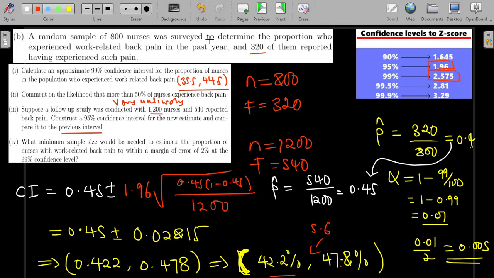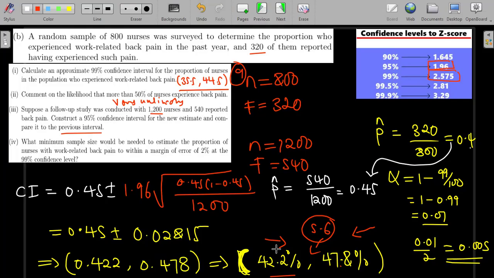But the difference there is 45.5 minus 35.5, the difference here is 9. So this one has the smaller difference, so it means it's narrow. It's coming together like that. So the new 95% confidence interval is narrow.